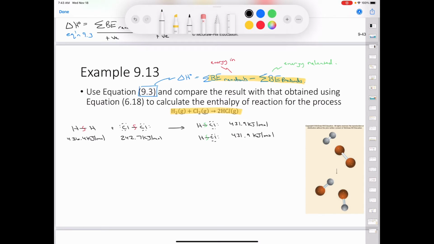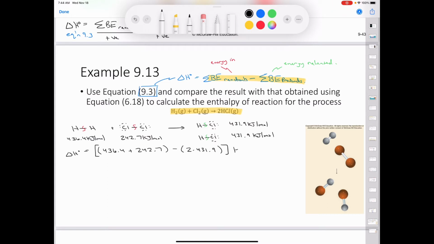So when we plug some numbers into our equation, we get that delta H of our reaction is going to be equal to the sum of the bond enthalpies of the reactants. So that's 436.4 kilojoules per mole. I'll leave the units out and put them in at the end, plus 242.7 kilojoules per mole. Then I'm going to subtract 2 times 431.9 kilojoules per mole because I'm forming 2 moles of HCl.